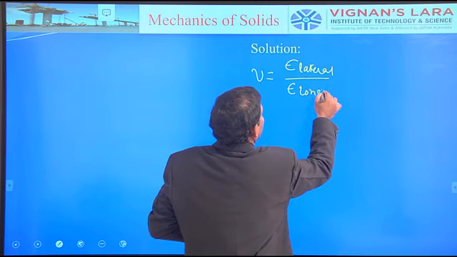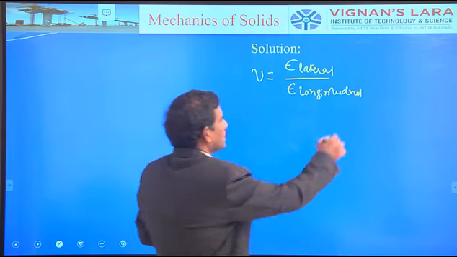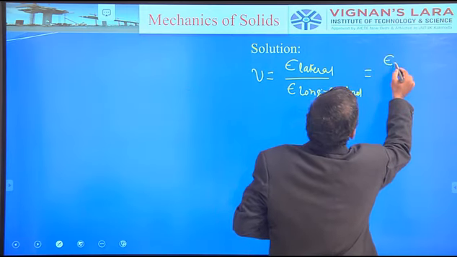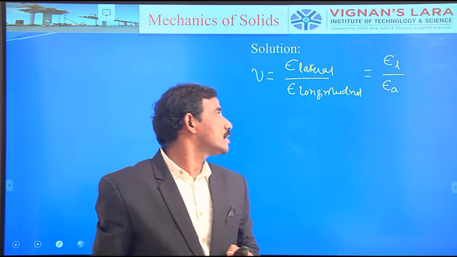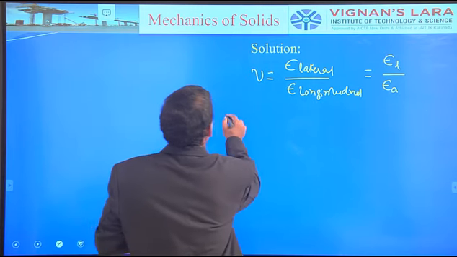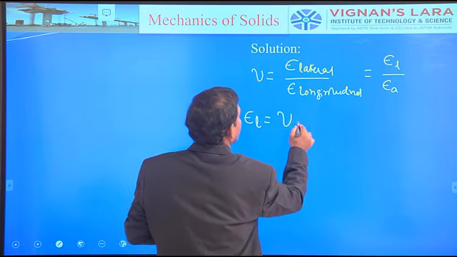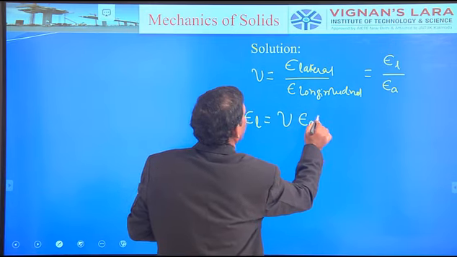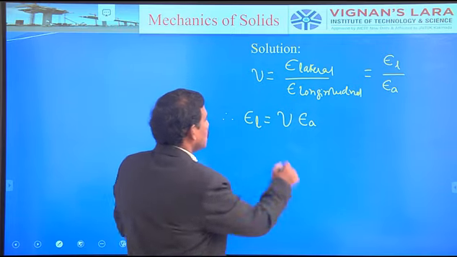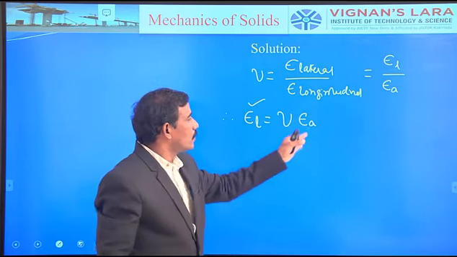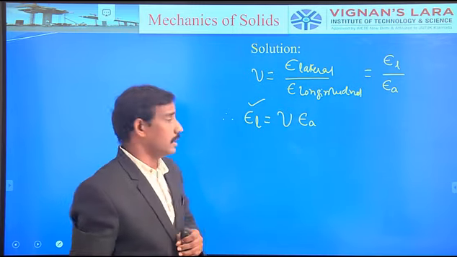It is also represented mathematically as epsilon L by epsilon A, where the longitudinal strain is also called the axial strain. Therefore, epsilon L is equal to nu times epsilon A. If you know nu and calculate epsilon A, you can find epsilon L.